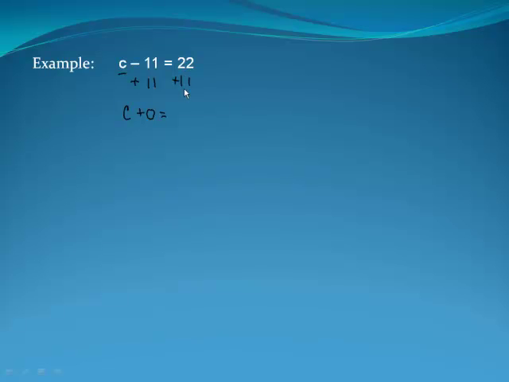Negative 11 plus 11 ends up being 0. So either plus 0 or minus 0, it's the same thing either way. Right-hand side, 22 plus 11 gives us 33. And anything plus 0 is itself, so we've got c equals 33 on our right-hand side. That is our solution.